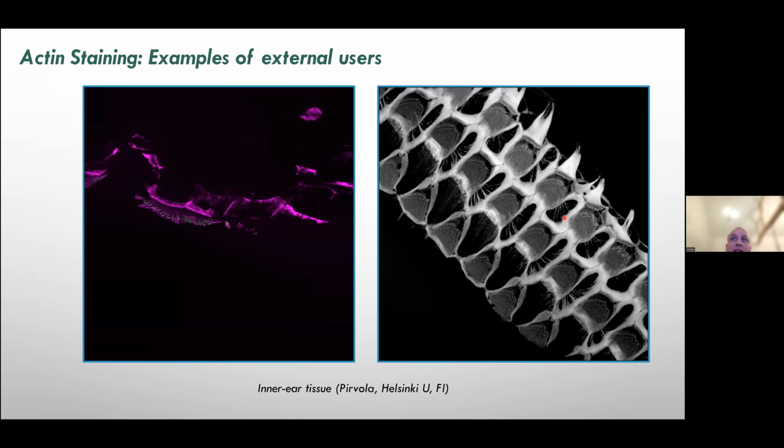What you see here is images from a collaborator in Finland, showing nicely actin skeletons in inner ear tissue, and this combined with immunostaining here on the left. So in all, we have been sending these things out into the real world, and we're getting very, very nice feedback on their performance.